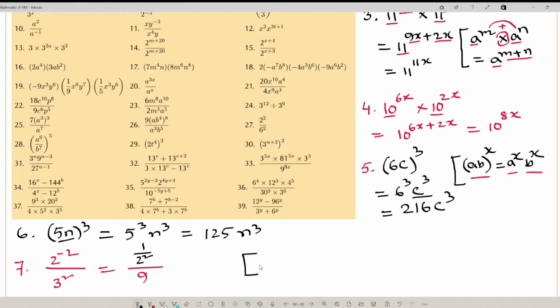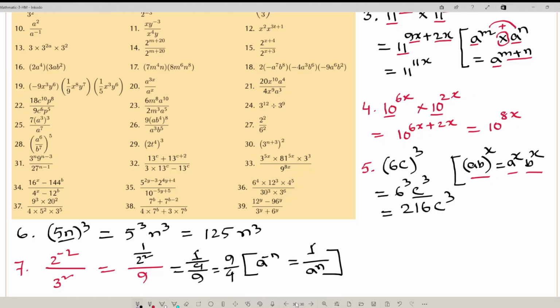Because a to the power minus n is a negative exponent, we can write 1 divided by a to the power n, right? So 1 divided by 4 divided by 9. Once we flip the fraction, the answer will be 9 divided by 4, right?